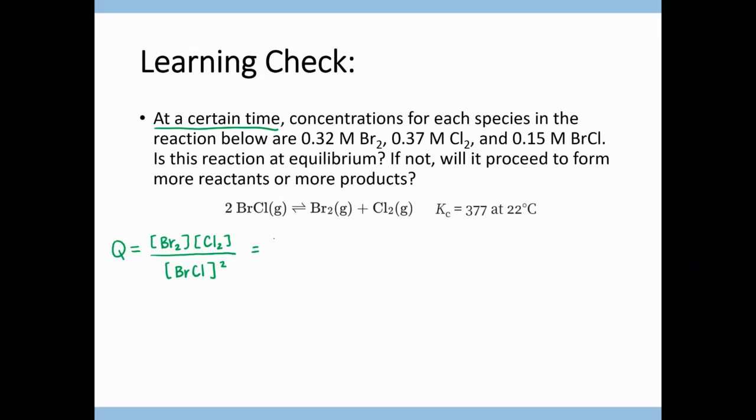And we plug in values to calculate Q. Okay, then simplifying this fraction here, the value of Q is 5.3.